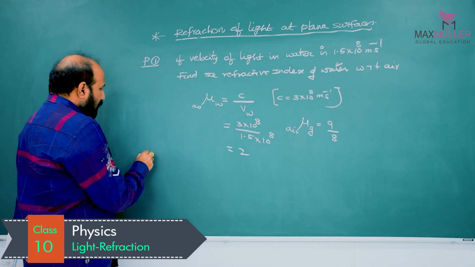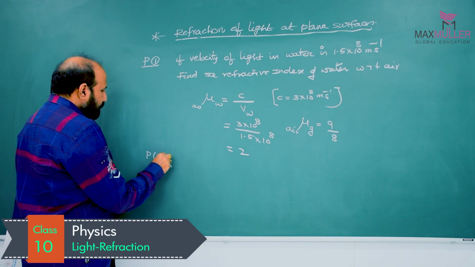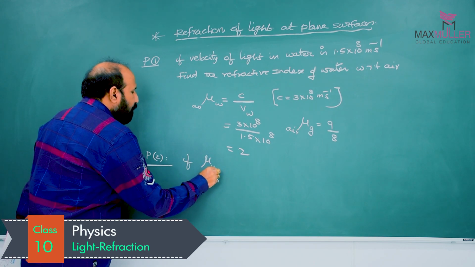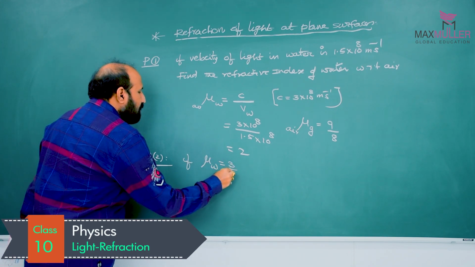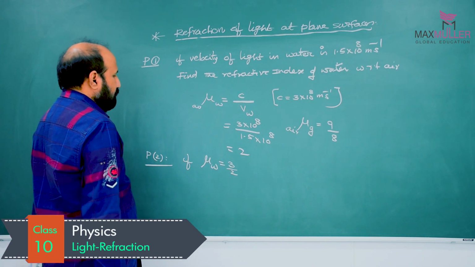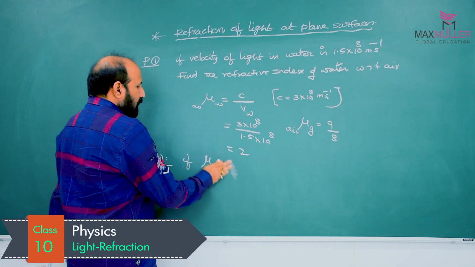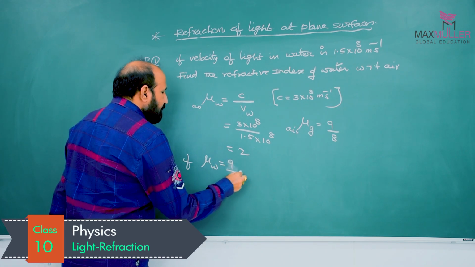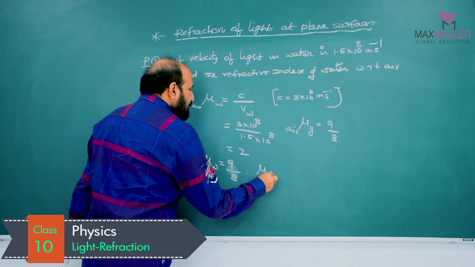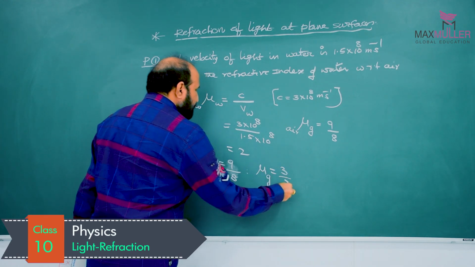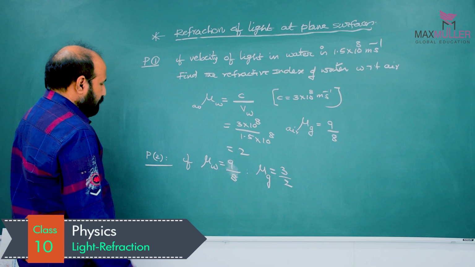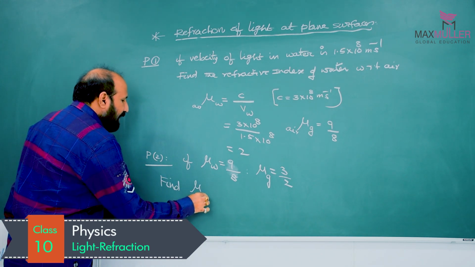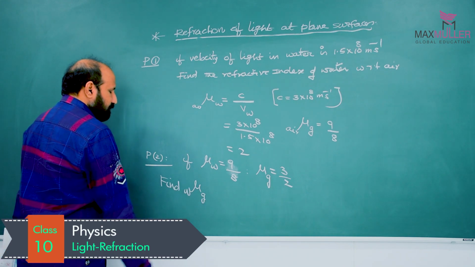Now, problem number 2. If mu of water is 9 by 8 and mu of glass is 3 by 2, now find mu of glass with respect to water.